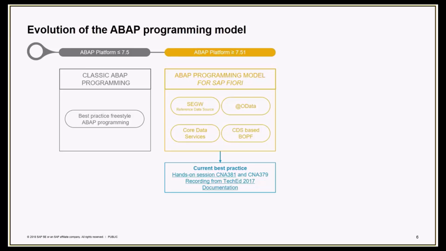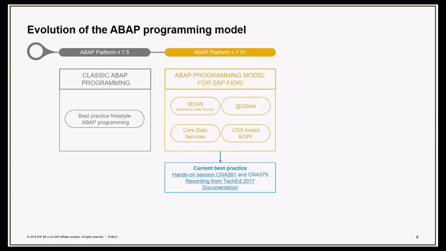Two years back we thought about whether this programming model which we have here is something which we would also proudly present to our customers and partners here on TechEd again in the year 2020, and whether it fulfills all the requirements which we have.